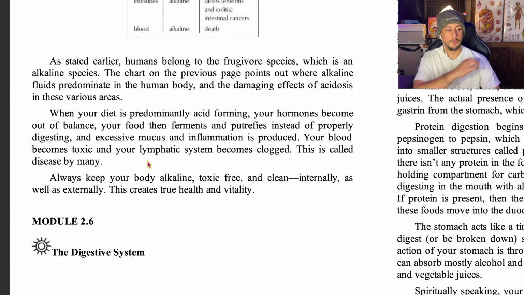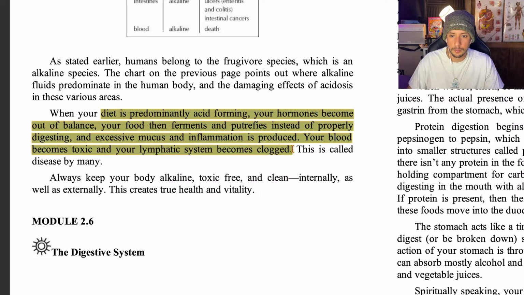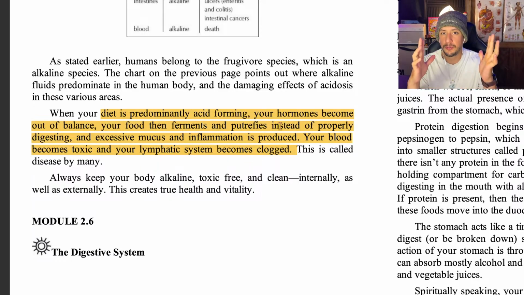So let's go back over this just because it's so important. When your diet is predominantly acid forming, your food ferments and putrefies. This has a lot to do with mixing foods. When you digest a protein, you need acidic digestion. That's why you have an acidic stomach.